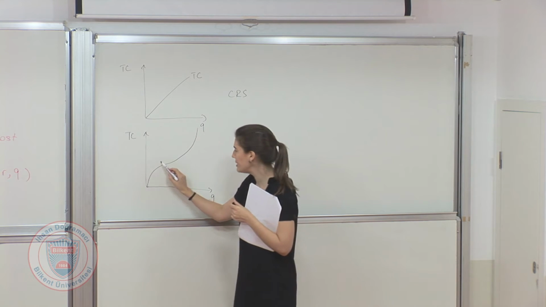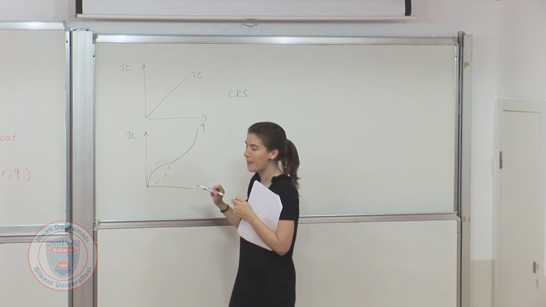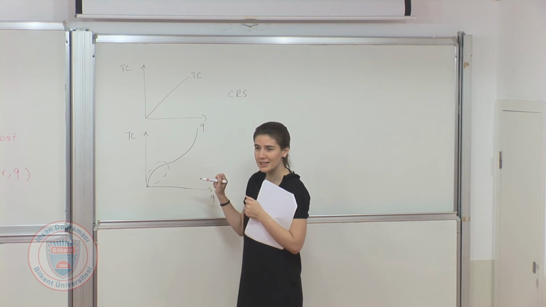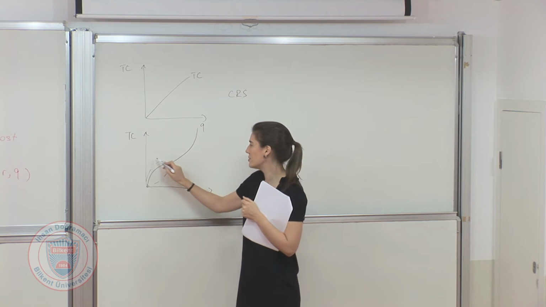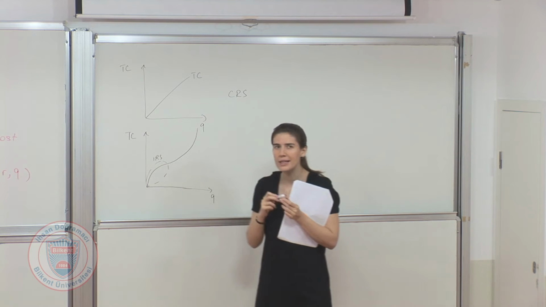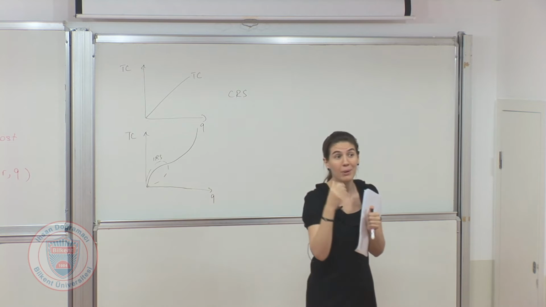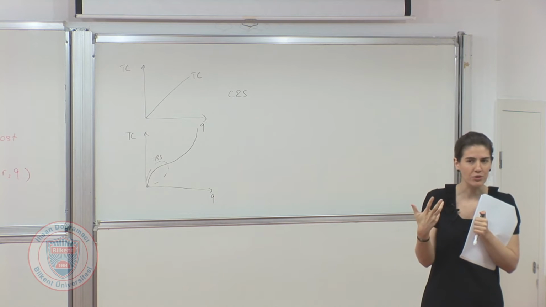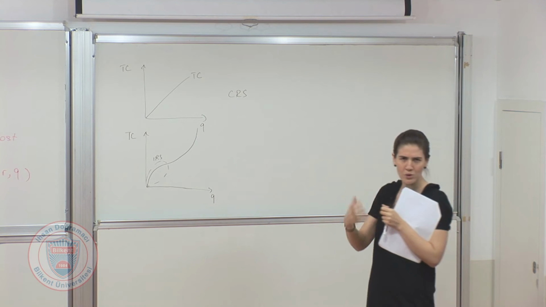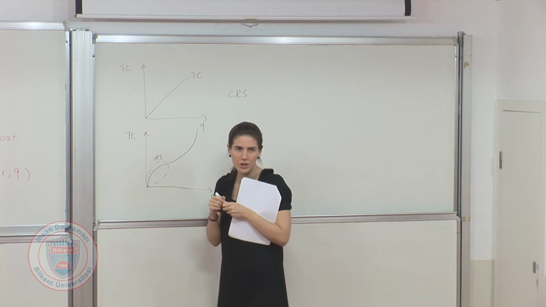And here we have increasing returns to scale. You can always think of it like this: the costs are increasing, but at a decreasing rate, which is good, right? So increasing returns to scale was also a phenomenon which was good.